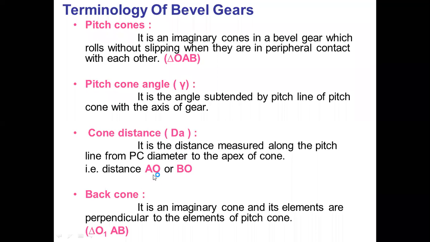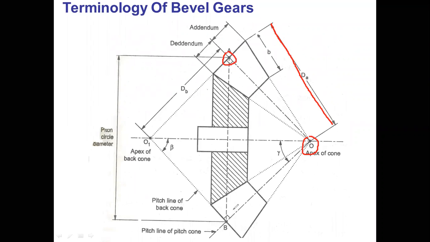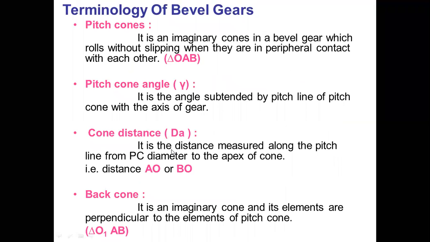That is, distance O to A or O to B is called the cone distance, which is denoted by dA. Okay, this is another terminology. Sorry, cone distance. Then the next terminology is back cone.